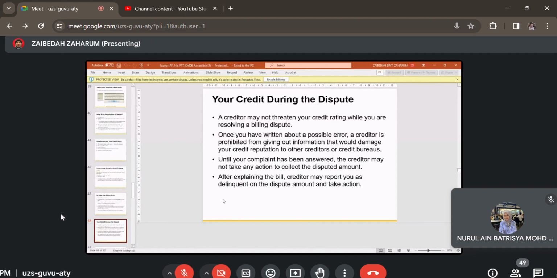So once you have written about a possible error, a creditor is prohibited from giving out information that would damage your credit reputation to other creditors or credit bureau. So until your complaint has been answered, the creditor may not take any action to collect the disputed amount. After explaining the bill, the creditor may report you as delinquent on the disputed amount and take action.